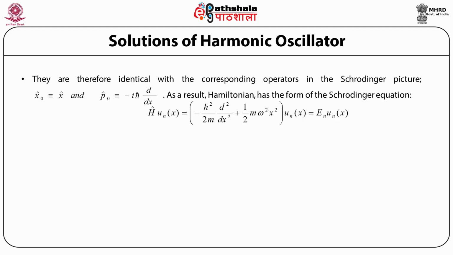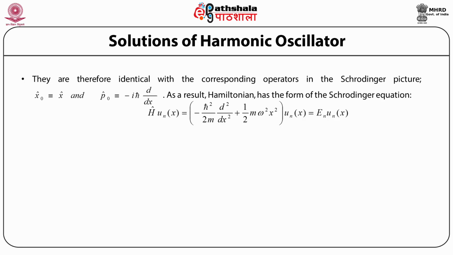in the Schrödinger picture, where we have that the position operator x naught is equivalent to the position operator x of the Schrödinger picture. Similarly, the momentum operator p naught is equal to minus iota times h cross times the derivative with respect to the position.